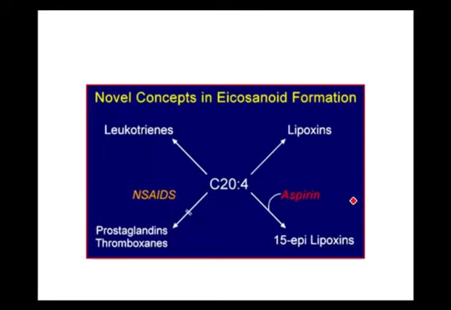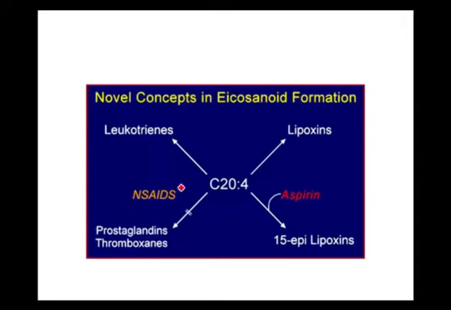Let me pull this next slide up. So C24, these are your PUFAs, your polyunsaturated fatty acids. Okay? And they can be converted into leukotrienes, they can be converted into lipoxins, and they can be converted into prostaglandins and thromboxanes.